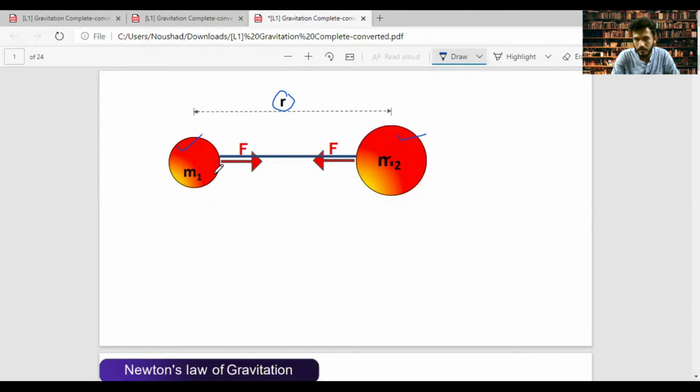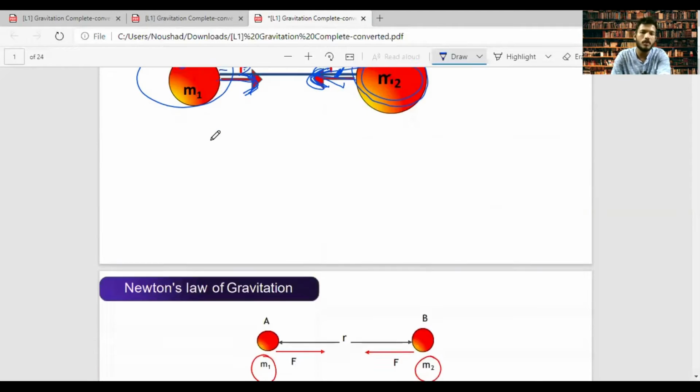So this first body attracts that body, which one? M2. That force of attraction is in this direction. So this is F1, force due to the first, and this is F2, force due to the second one. This body attracts the second body and the second body attracts the first body. That's Newton's law of gravitation.